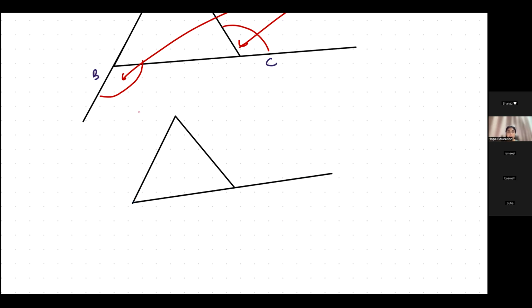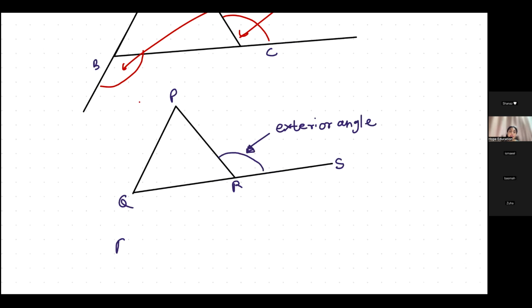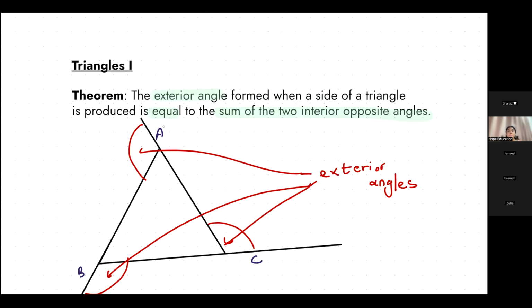We have P, Q, R, and when we extend this, let's say this is S. So we know very well that PRS is an exterior angle. According to the theorem, this is equal to the sum of the two interior opposite angles.